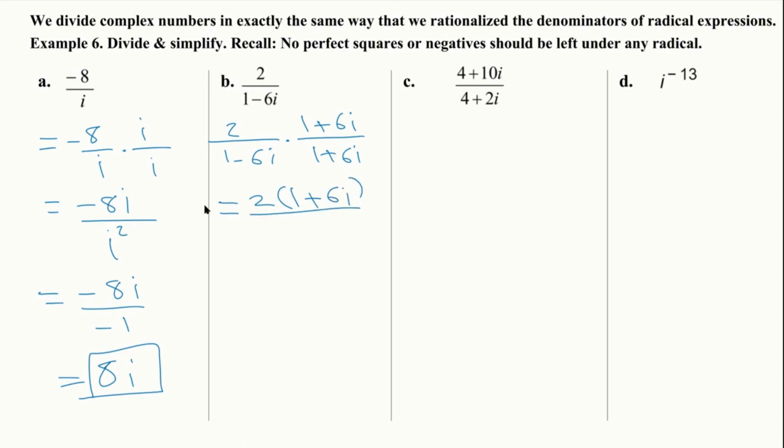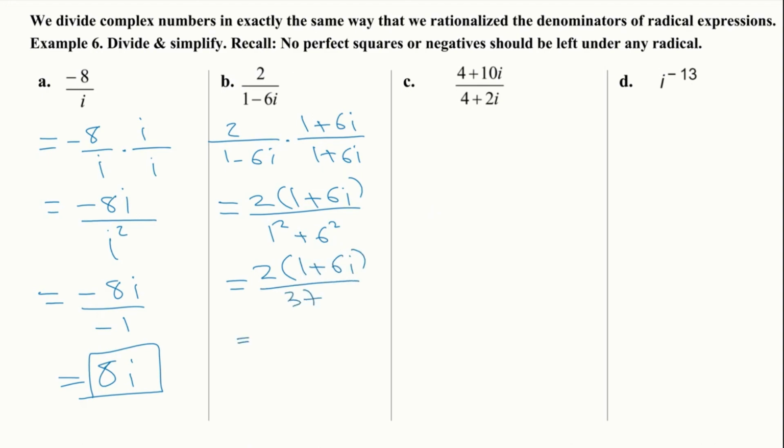Down below, remember, a minus bi times a plus bi is just a squared plus b squared, right? From the last screen, right? So that's just going to be 1 squared plus 6 squared, so we get 2 times 1 plus 6i over 1 plus 36, which is 37.